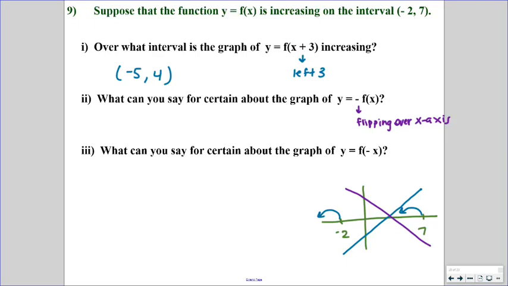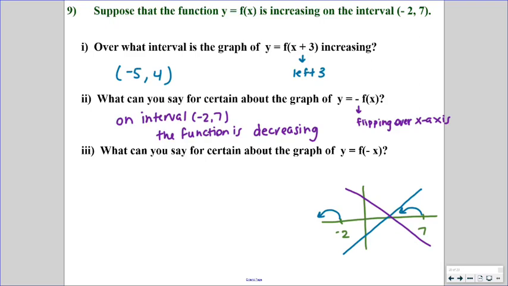What can we say for certain about that interval? Well, that means on the interval -2 to 7, the function is decreasing. That's what we know for certain.